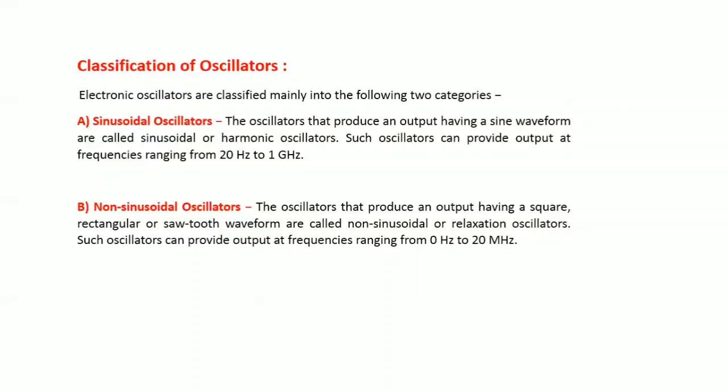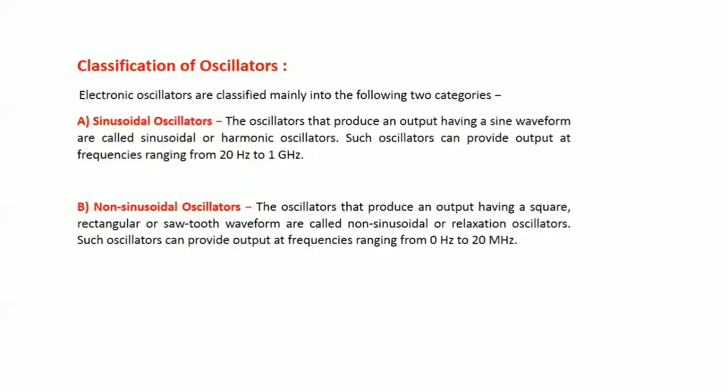What are the classifications of oscillators? Basically, oscillators are classified into two categories. Number one, sinusoidal oscillators. The oscillator that produces an output having a sine waveform is called a sinusoidal oscillator, or also a harmonic oscillator. These oscillators can provide output at frequencies ranging from 20 Hz to 1 GHz.